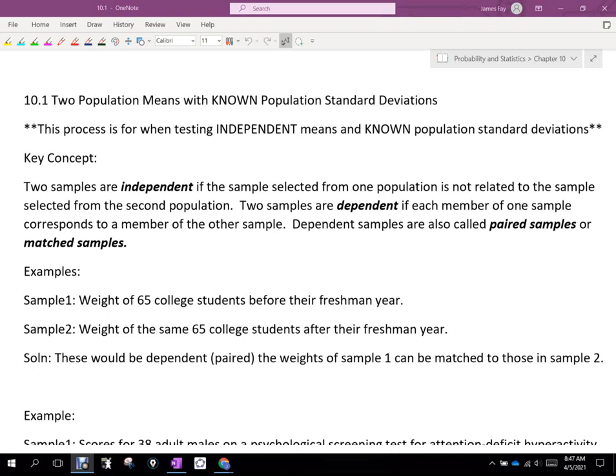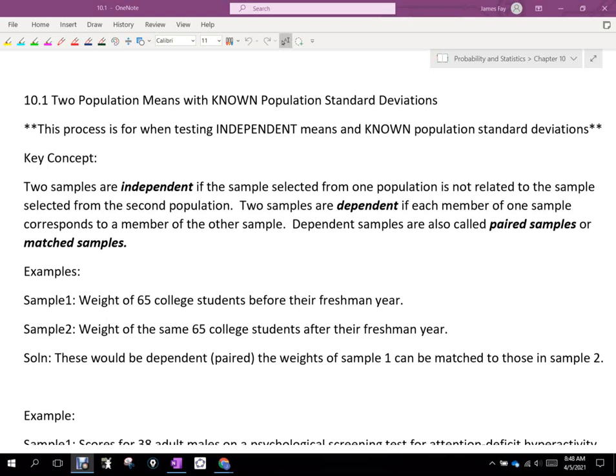It says two samples are independent if the sample selected from one population is not related to the sample selected from the second population. So we're looking at two populations here. Maybe we're looking at males compared to females, or seniors compared to sophomores, where you cannot have one individual in both groups.